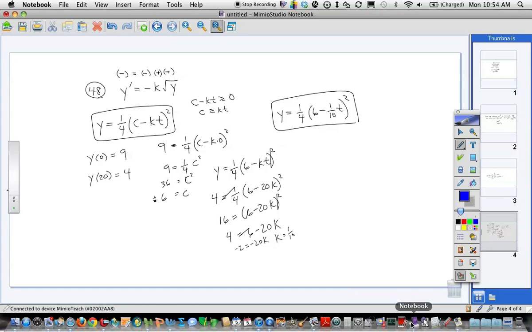I'm trying to think if there's anything else with differential equations. We talked about verifying a solution, the T-chart idea. We talked about the initial value problem, which is what this is really. You've got an initial condition, plug it in.